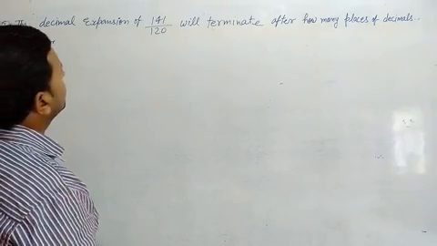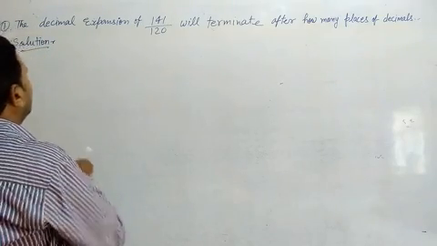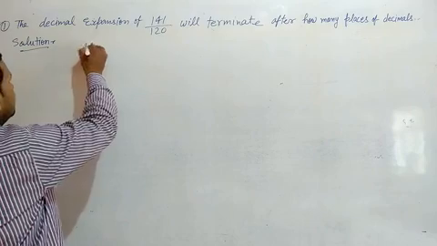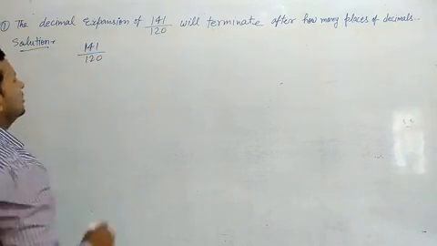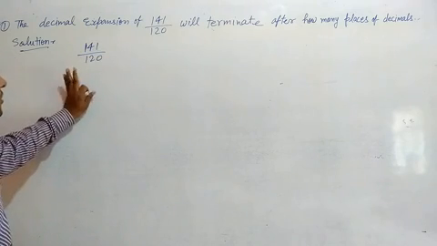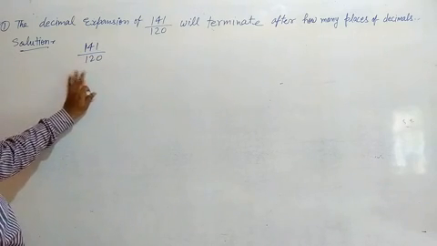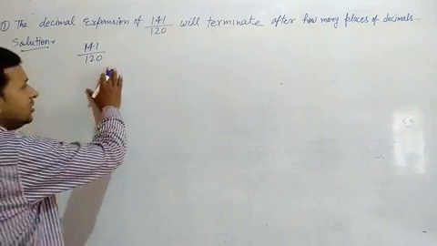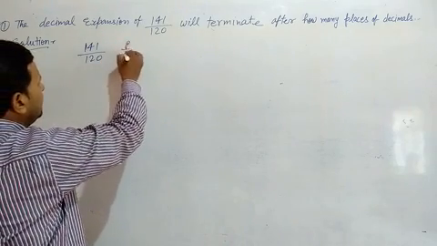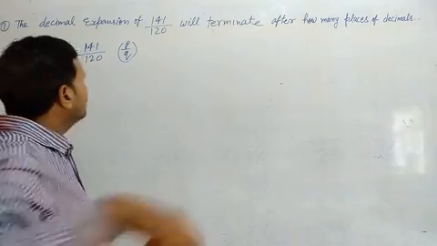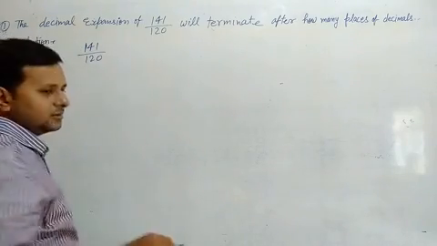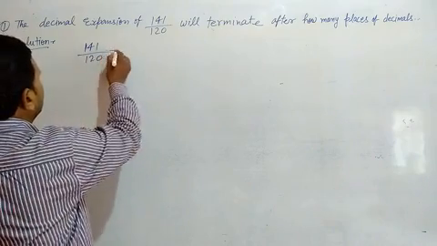Now we take our question, 141 upon 120. This is the given number, in the form of a rational number, means in the form of P upon Q. First of all we have to find its simplest form.